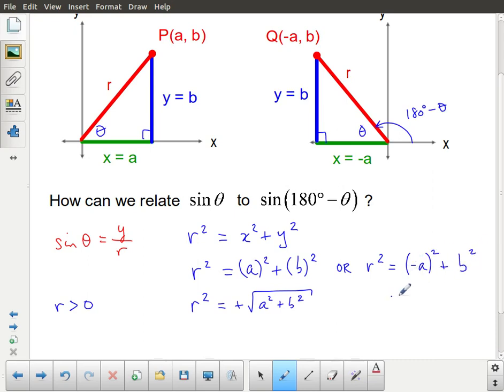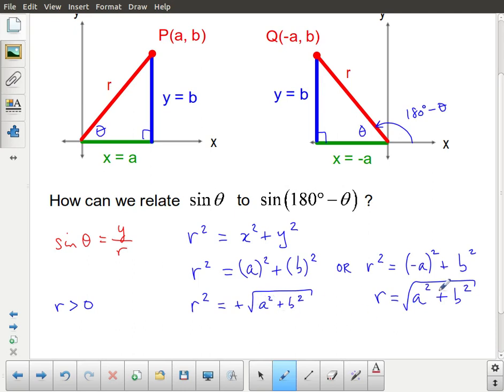Of course negative a all squared is just a squared, and b squared remains b squared, and I take the positive square root of that, and that's r. Not surprisingly, my two values of r are exactly the same.